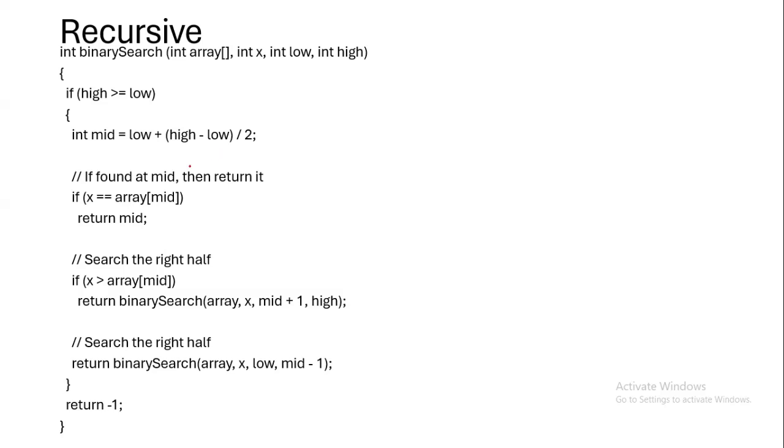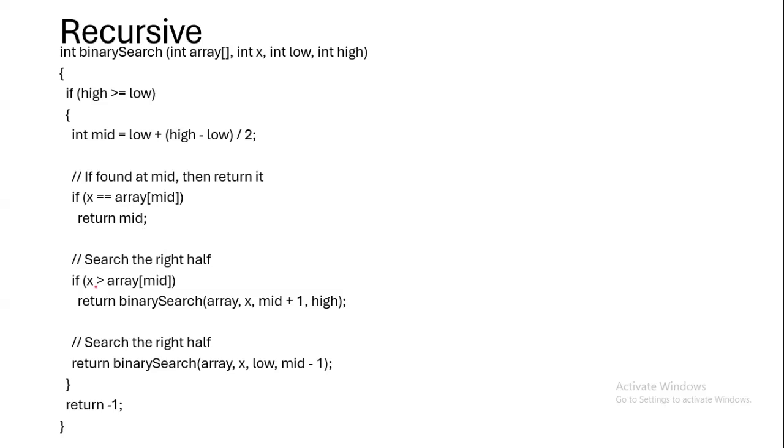Next, we compare the element to be searched, that is x, with the array mid. As I told in the previous lecture, it has three possibilities: either the elements are equal, less, or greater. If the elements are equal, we return the index of the mid.